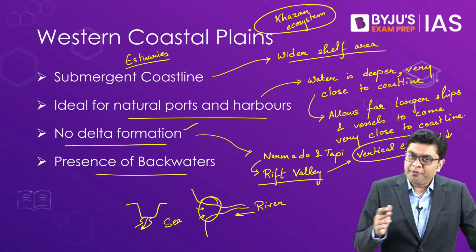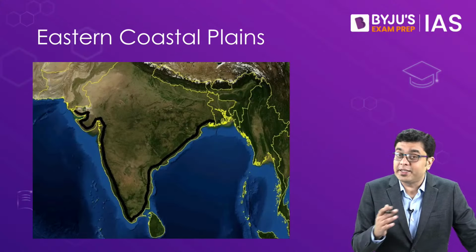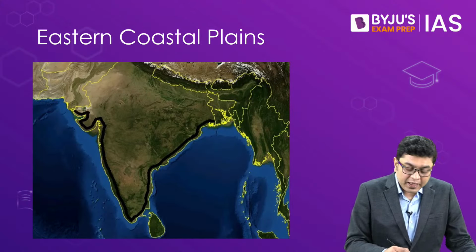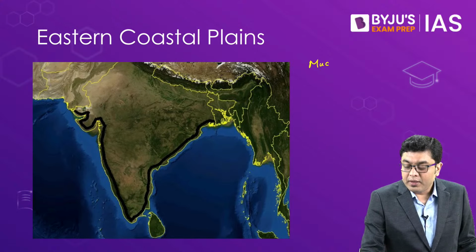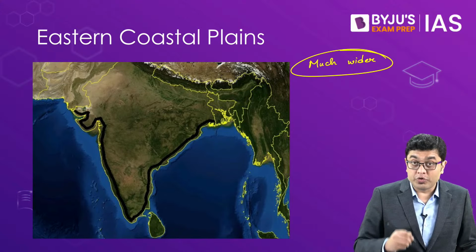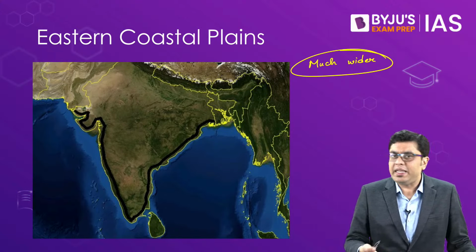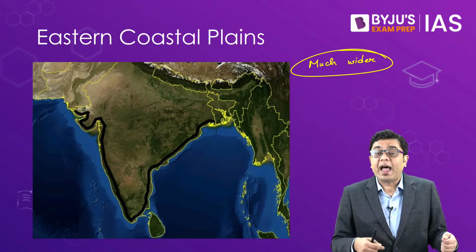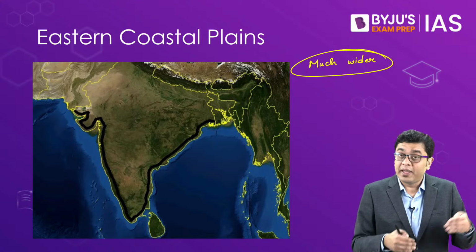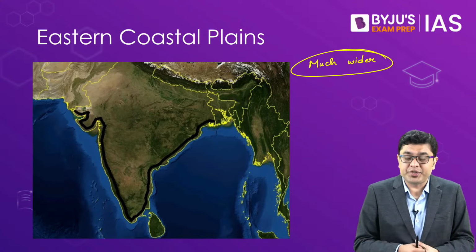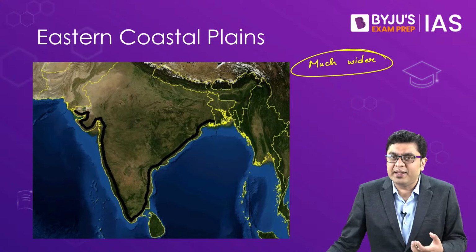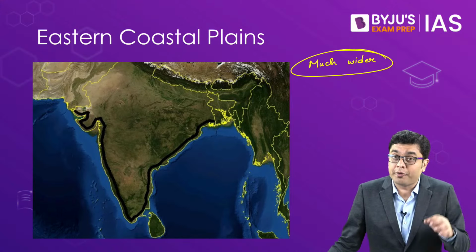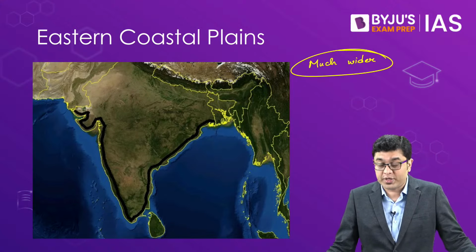Now, when we take a look at the eastern coastal plains of India, they are much wider as compared to the western coastline. And historically, even if you look back at the various stages of our ancient as well as medieval history, you will come across the scenario where various empires and kingdoms fought for the control across the eastern coastline.